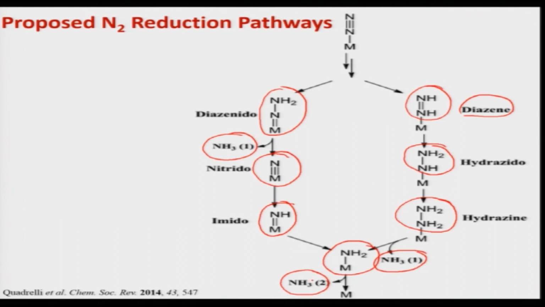As you can see, during this reduction process 2 molecules of ammonia are released, and this requires 6 protons and 6 electrons for just dinitrogen reduction only.